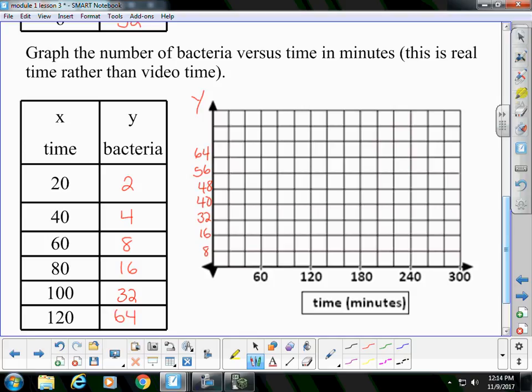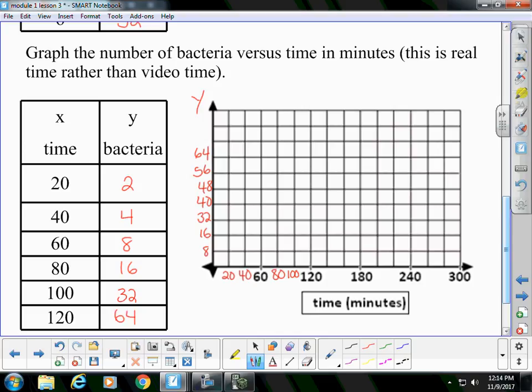Okay, so at 20, notice the numbers that they labeled were 60, so that means that each of these are by 20. So this is actually 20, 40, 60, and then 80. This would be 100, and then 120.